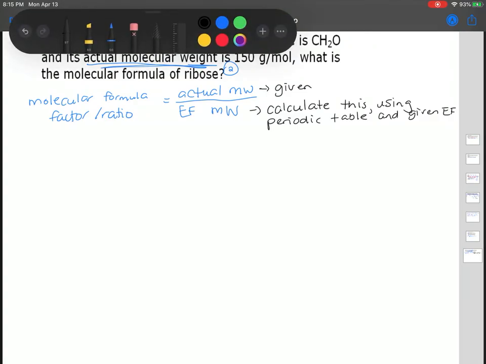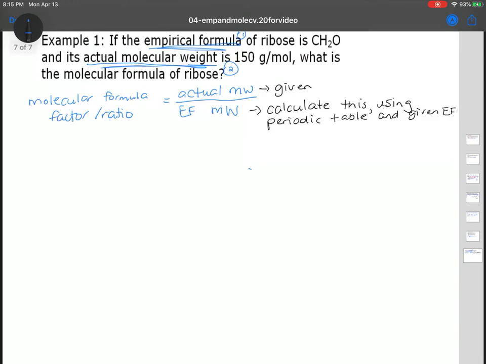Or like I said, in part A, you find it, and then part B, you use it. Okay, and you don't need to memorize the periodic table, we'll give you that. Okay, so the actual molecular weight is 150 grams per mole. And then the empirical formula is CH2O.